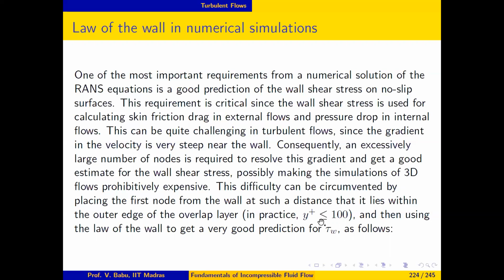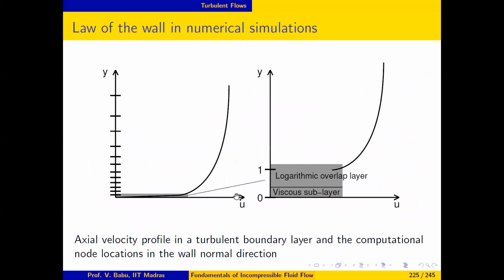Once we do this, we can exploit the law of the wall to get a very good prediction for the wall shear stress as follows. Here I have illustrated the procedure in a pictorial manner. Here we have the velocity profile in a turbulent boundary layer. Notice the very steep gradient near the wall.